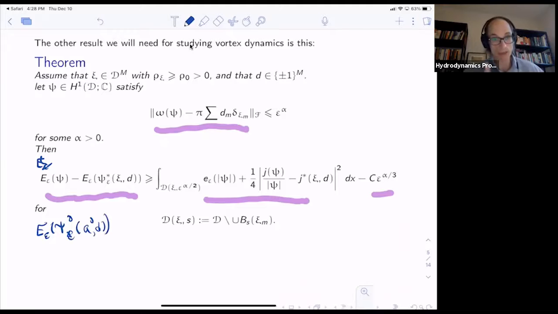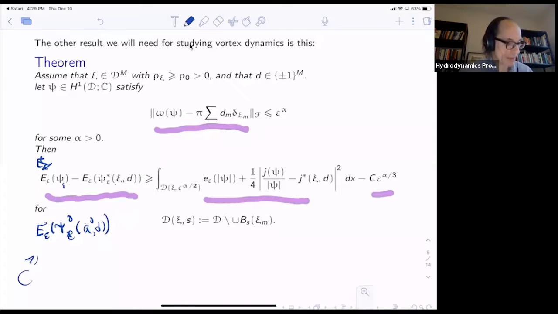Because my assumption is that my sequence psi epsilon is basically energetically optimal given the vortex locations. And the point is when I change the points A0 to this Xi, I haven't moved the points far, and so that changes the energy by a bounded amount. I can control this difference by looking at the explicit expressions if I want to.